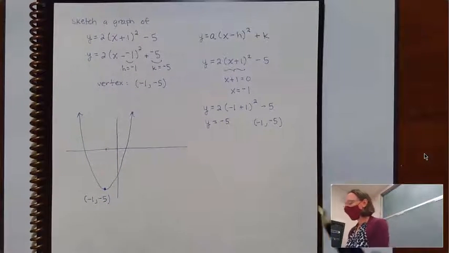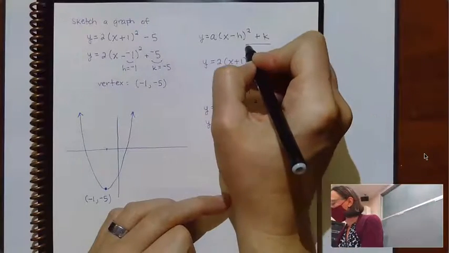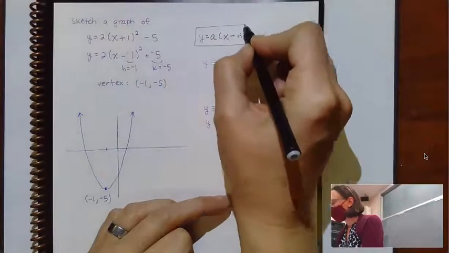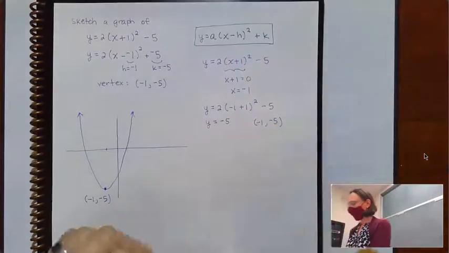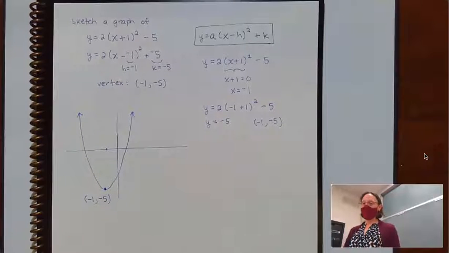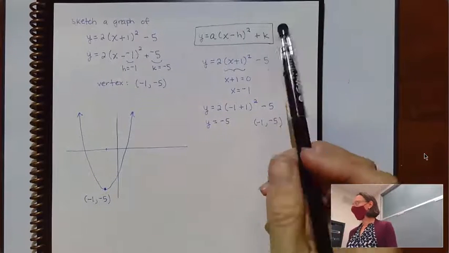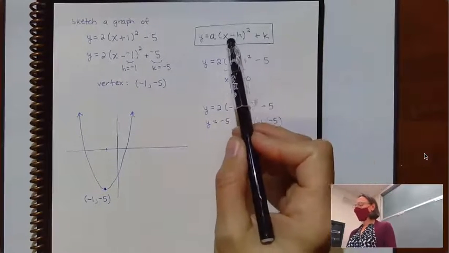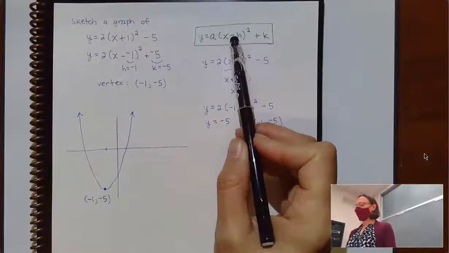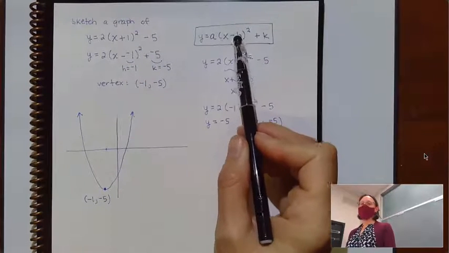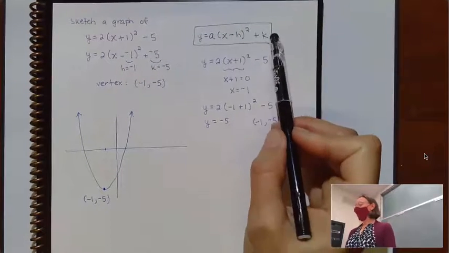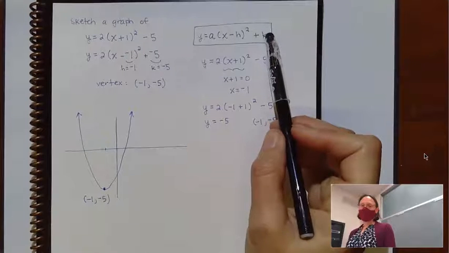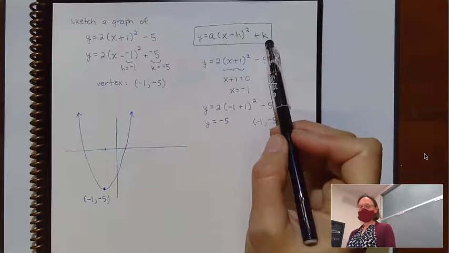So if you're going to rely on this equation, it is annoying, but the part in parentheses has to look like x minus something. The part on the end would need to look like plus something.